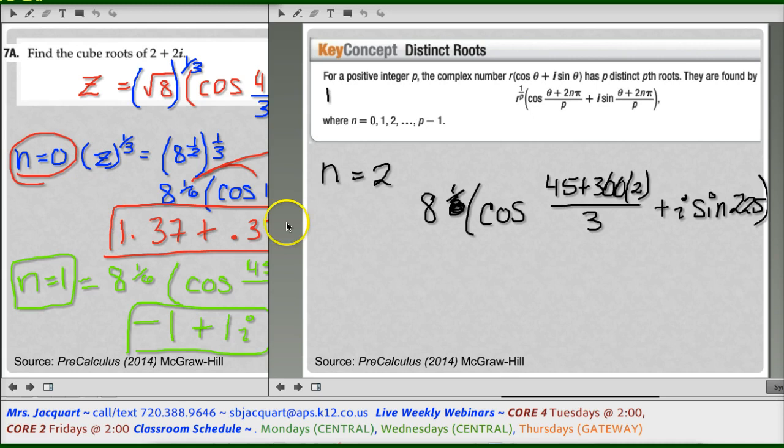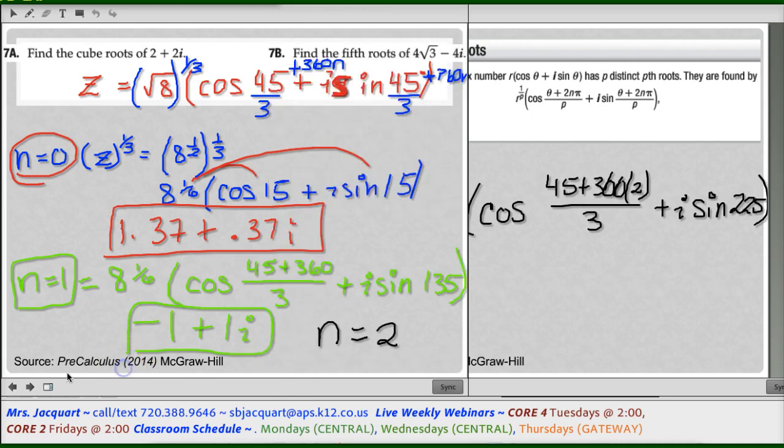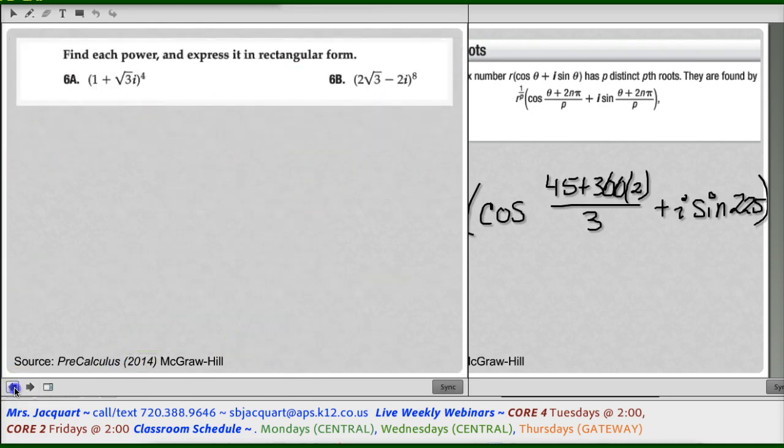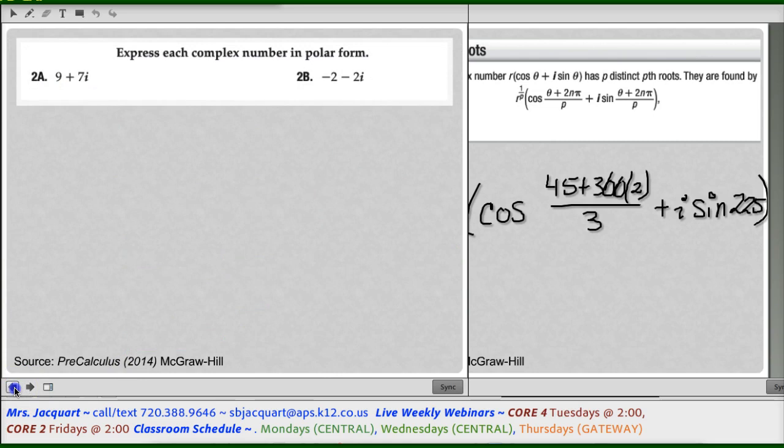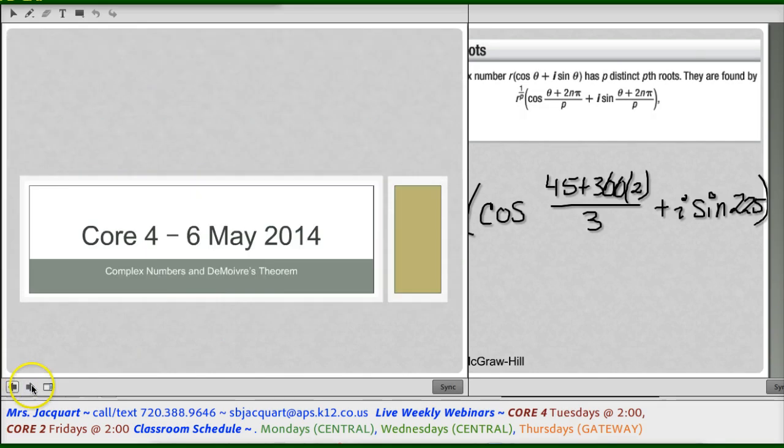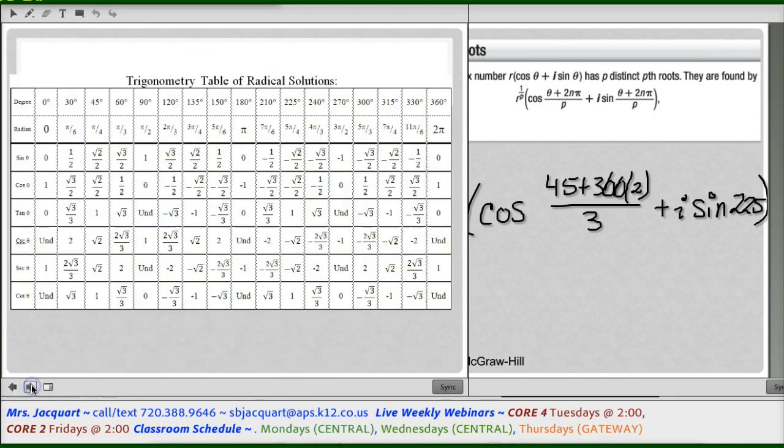Okay, and we're going to go ahead and use, oh, we can't. Yes, we can. Let's go find our table for 225. Oh, we can, but we don't need to. So this is our sine and this is our cosine.